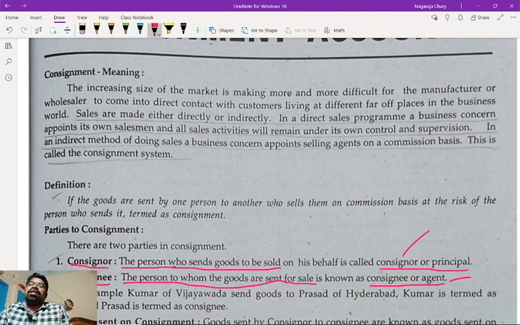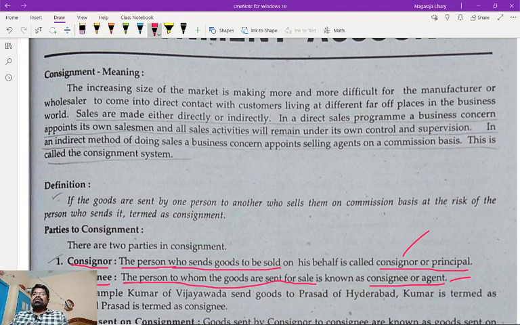The manufacturer stays in one area, and from there the stock is sent to people in different areas, to be sold by them.